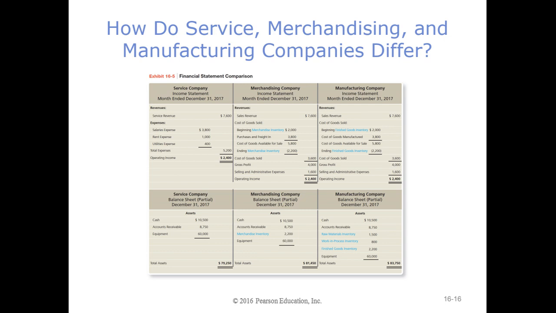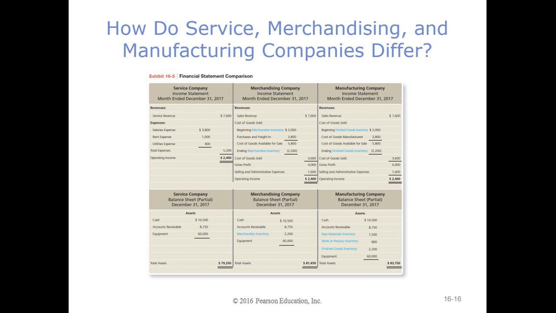For a service company, we call it service revenue. For a merchandising company, we call it sales revenue. For a manufacturing company, we call it sales revenue. So this is a good slide page to go back to, slide 16, page 836, if you're trying to figure out the differences between the different companies, and also to see what their income statements and balance sheets look like, because they are different.